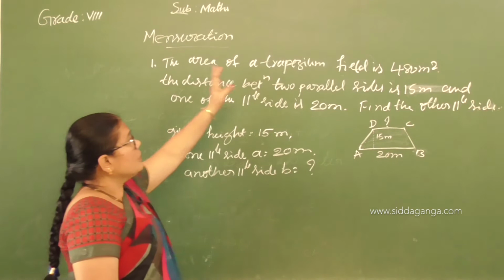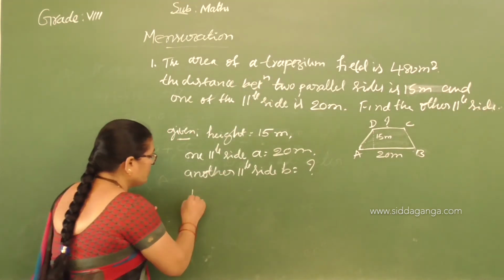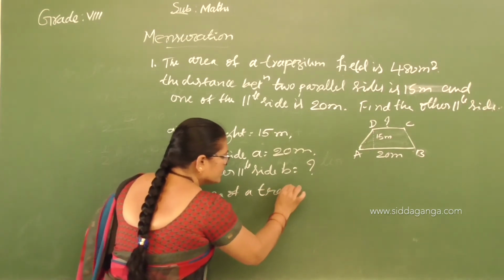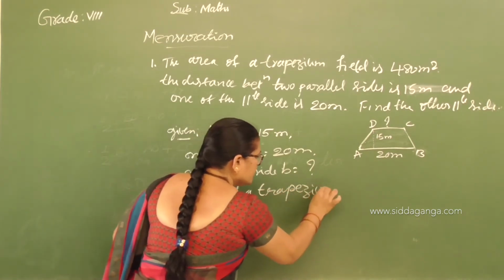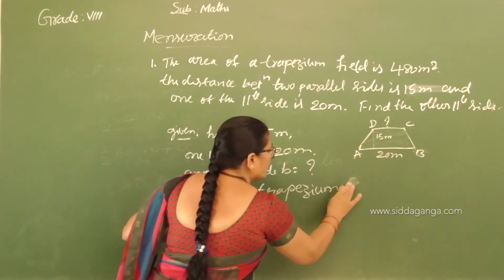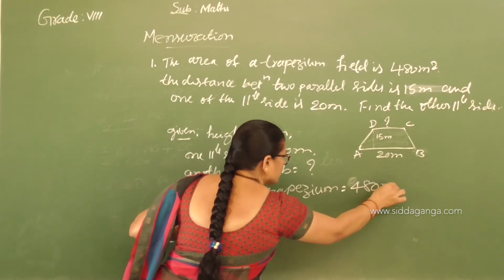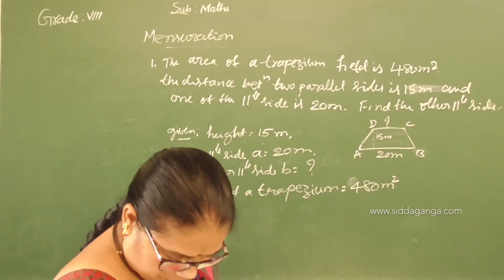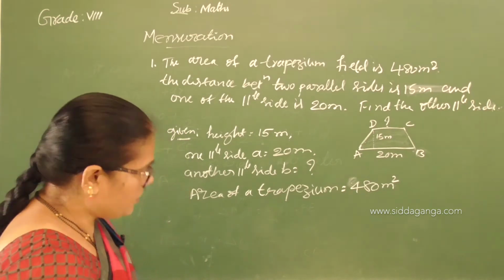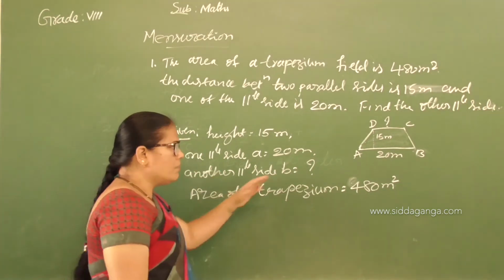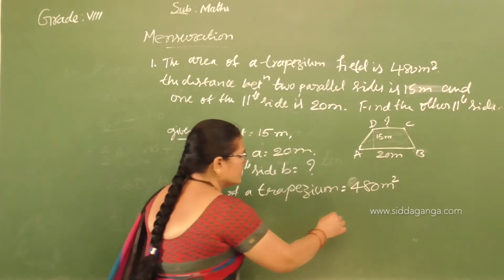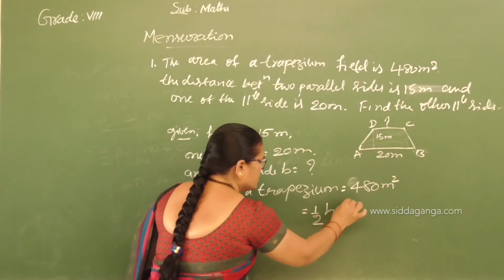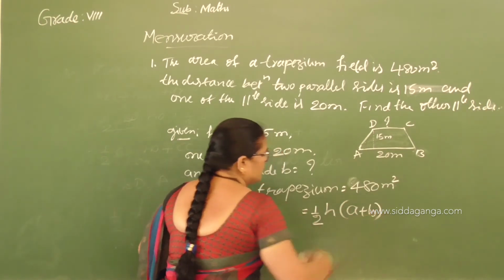Area of a trapezium is given, equal to 480 meter square. What is the area of the trapezium? Area of a trapezium is equal to half into h into the sum of the two parallel sides, that is half into h into a plus b.